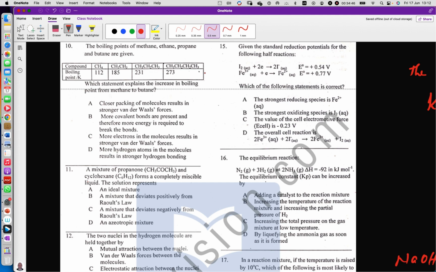Remember that the electron cloud that is moving around the molecule will cause instantaneous induced dipole forces. These are not strong electronegative or polar molecules. These molecules are not polar. For that purpose, there is what we call instantaneous dipole induced dipole, or London dispersion forces.